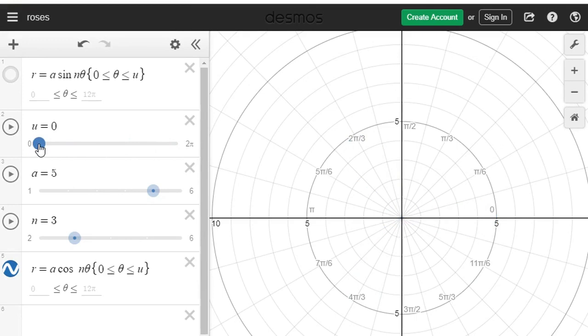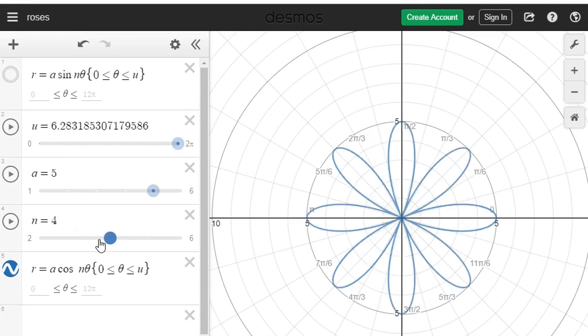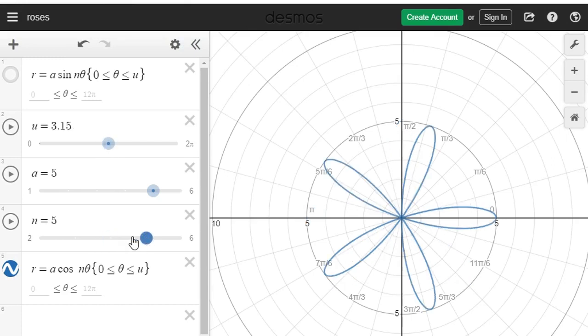In roses, there appears to be a different type of minimum interval necessary to create the rose, depending on probably what n is. So if I look at this, if n is 4, I have 8 petals, but I only have 4 of them created by π. But at 5, I had 5 full petals.